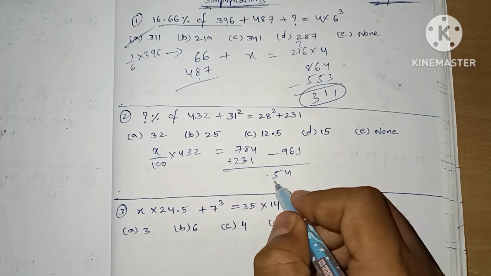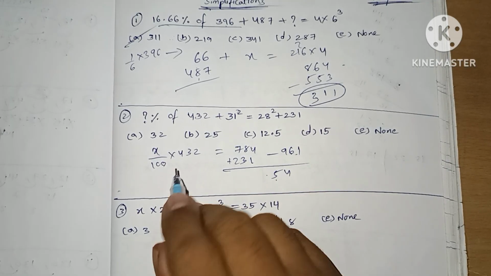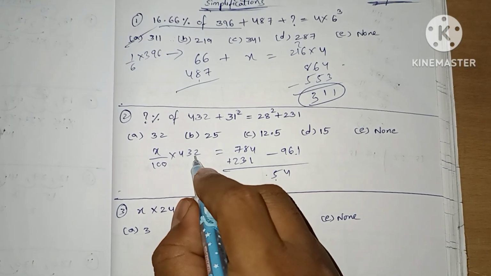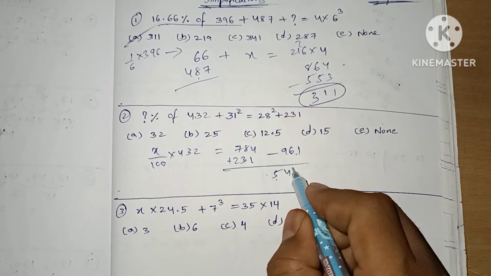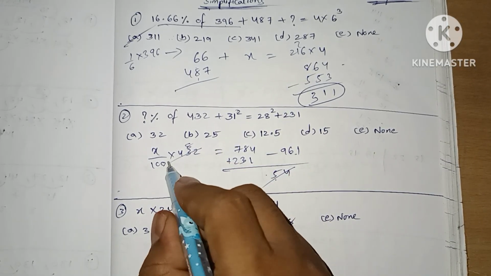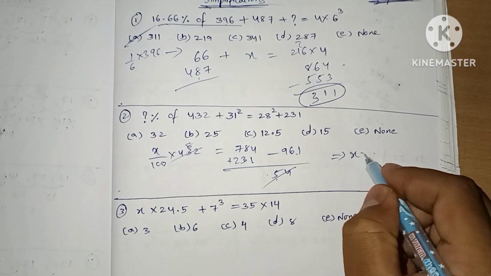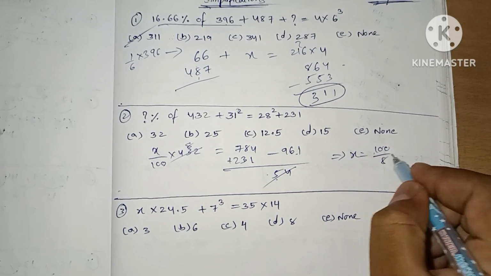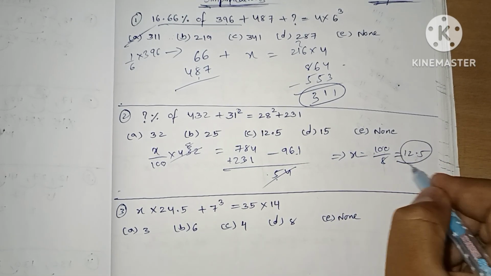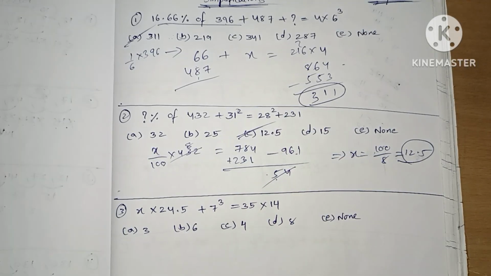So we have 54. X divided by 100 into 432 equals 54. 54 8 times will be 432. So x value will be 100 divided by 8, which is 12.5. So the answer will be 12.5, option C.